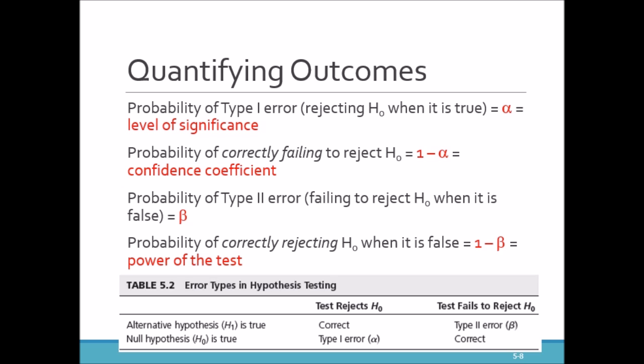We always choose our alpha level prior to formulating our test, and oftentimes prior to collecting our data in the first place. There are some norms, and different fields use different norms, but probably the most common alpha used is 0.05.